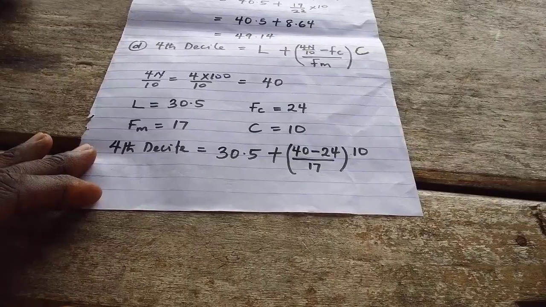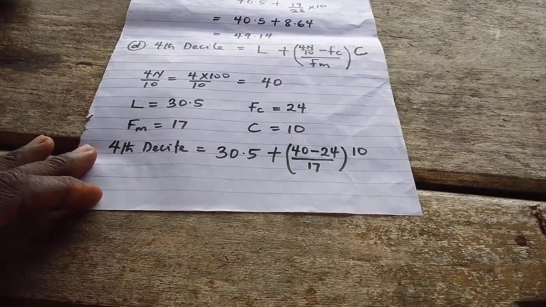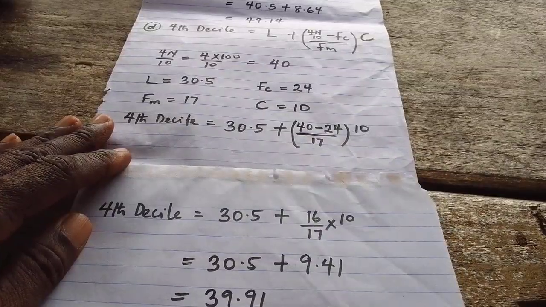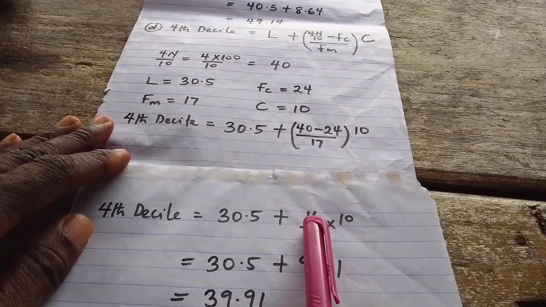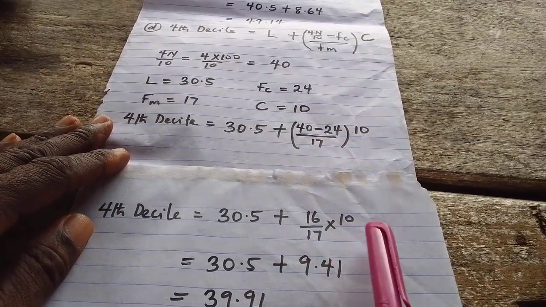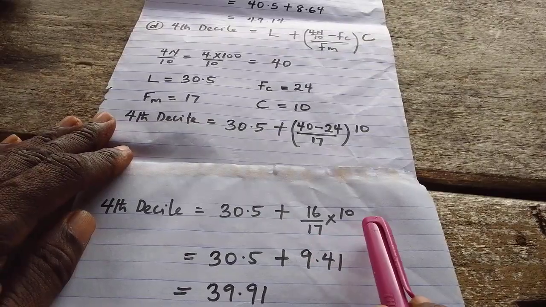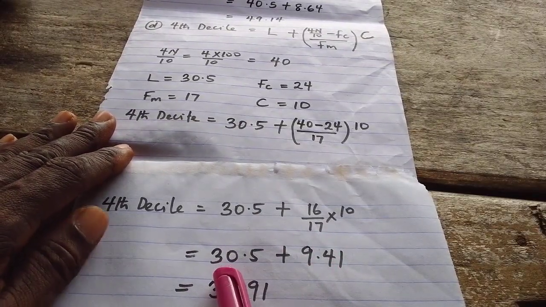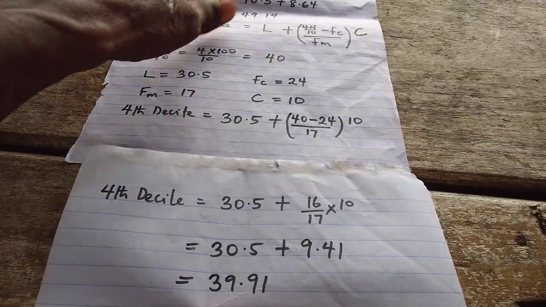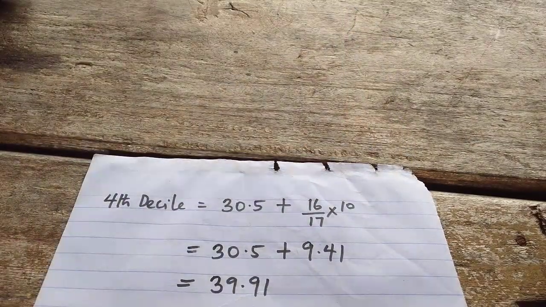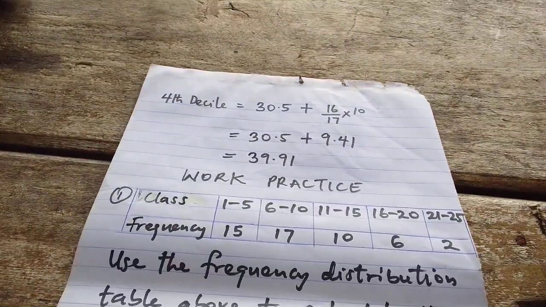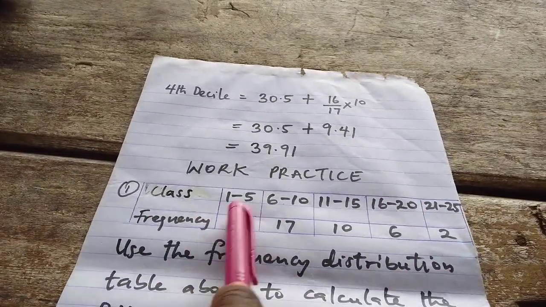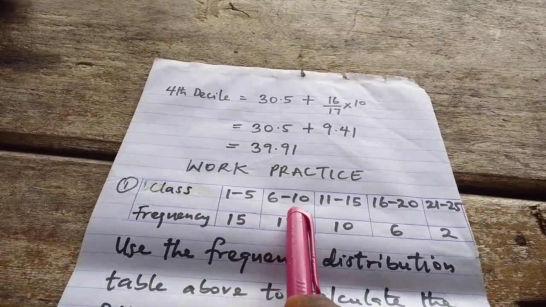So from here, you are going to have 30.5 plus 40 minus 24 is 16 over 17 times 10. 16 over 17 times 10 will give us 9.41. Add it to 30.5, you get 39.91.